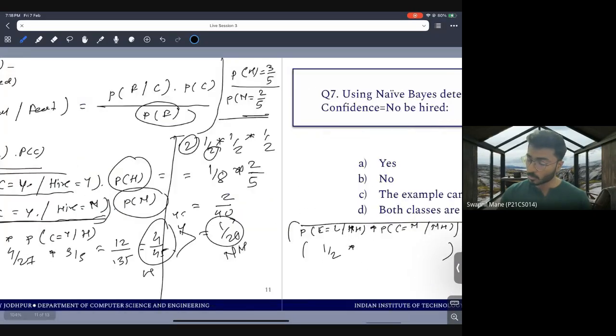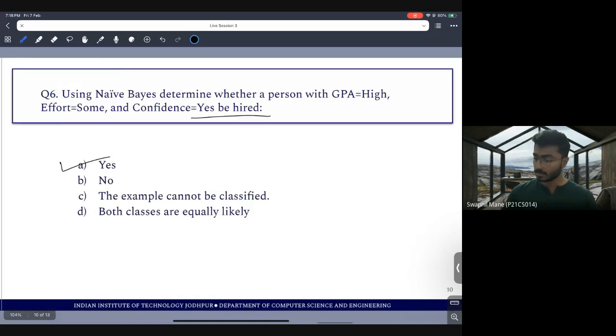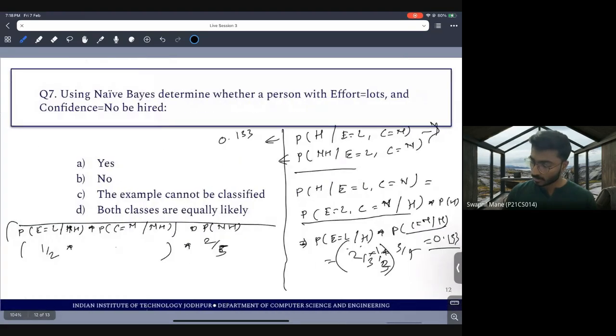And for confidence no, it is also 1 divided by 2. So here we are getting 0.1, and you can observe that the earlier value is greater, which means it is higher. So option A is correct here.